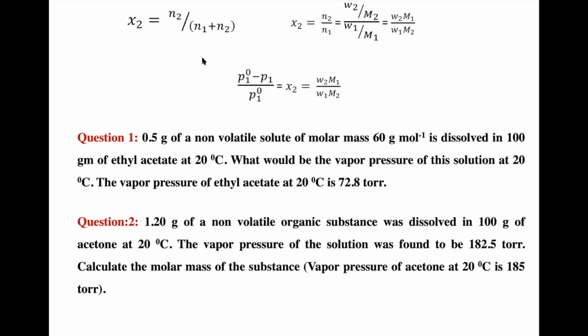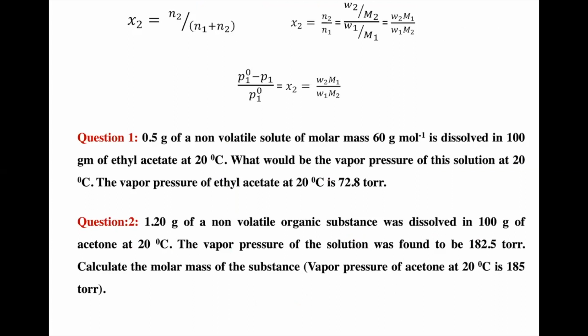If you want to define the mole fraction, you know that X2 is equal to n2 upon n1 plus n2, where X2 is the mole fraction and n1 and n2 are the numbers of moles. For a dilute solution, n2 can be neglected compared to n1.